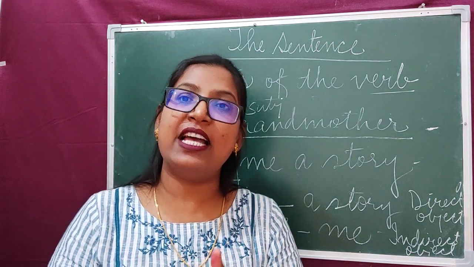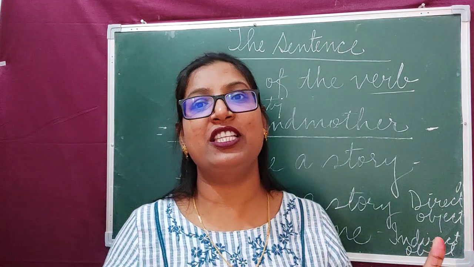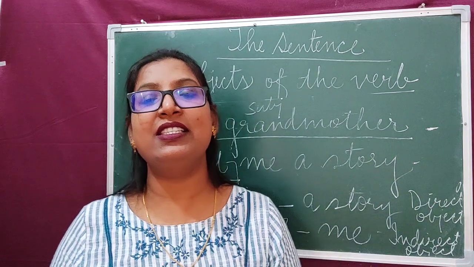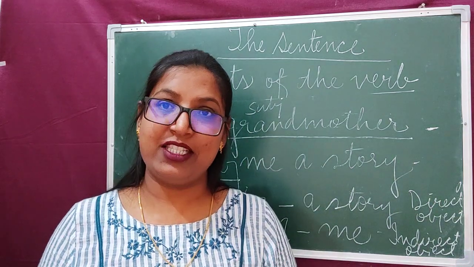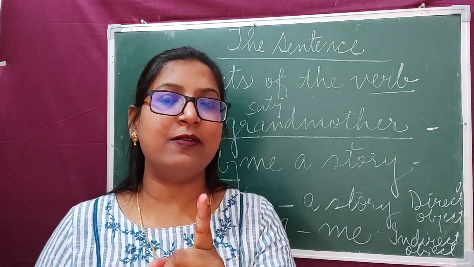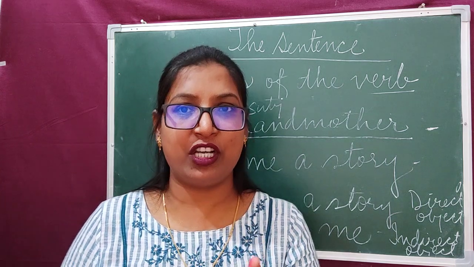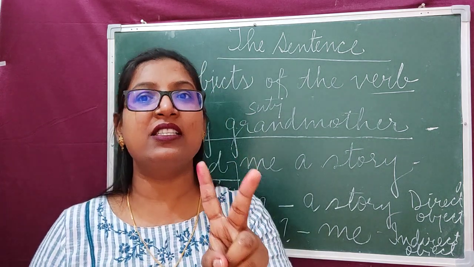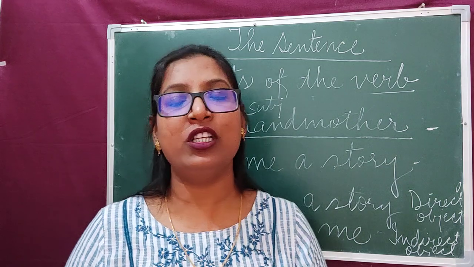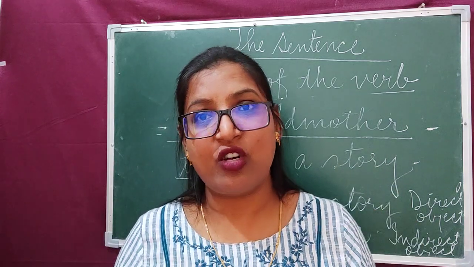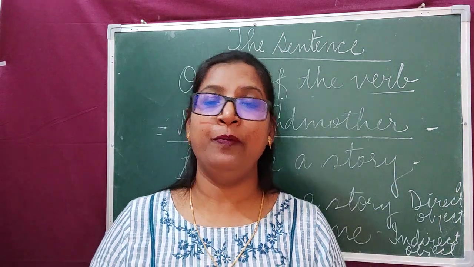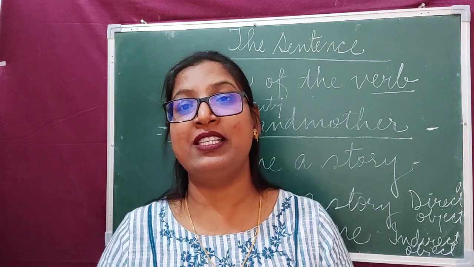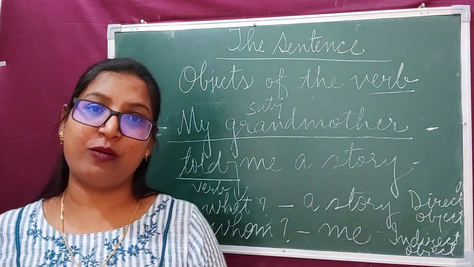If your answers are completely different from the subject, your answers are objects. If there is only one answer, you will say it's an object. If you get two answers, answer of what and whom both, usually the answer of what is a direct object and answer of whom is an indirect object.